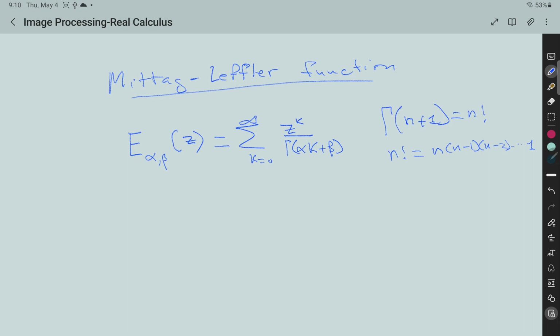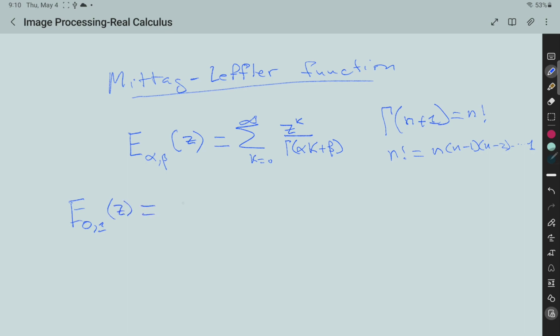So let's see if you remember any of these functions that you've seen before. For example, if alpha is equal to 0 and beta is equal to 1, so you have E 0, 1.